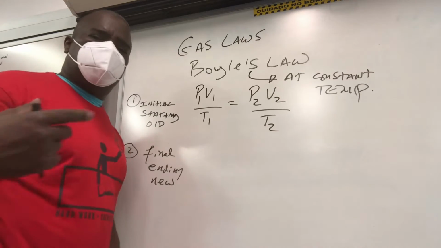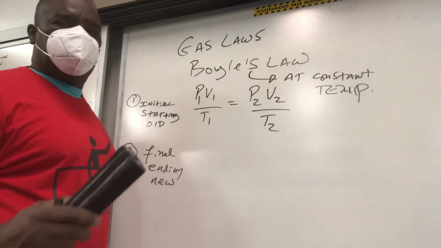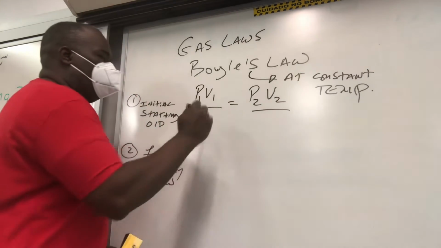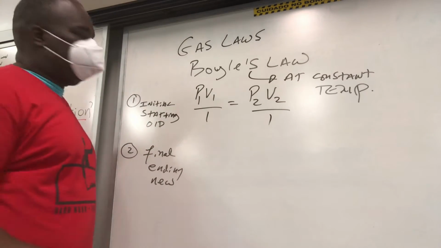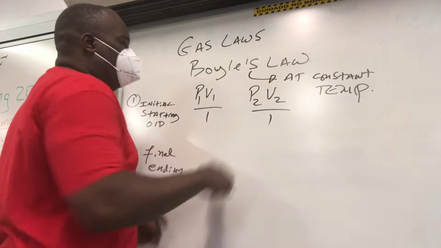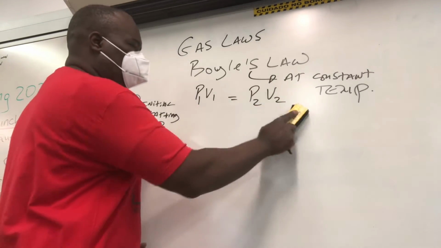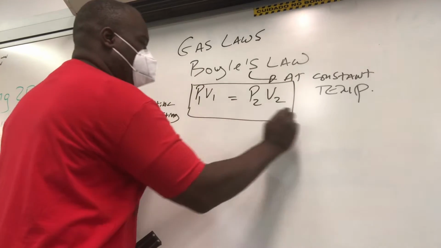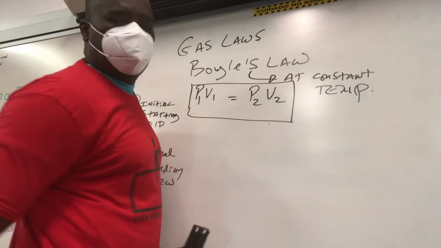We discussed in class that whatever variable is constant in this topic, we can change it into the number 1. Bam, bam, okay? Now it's gone, because anything divided by 1 is the same thing, right? So what are we left with now? We're left with this, P1V1 is equal to P2V2, alrighty?